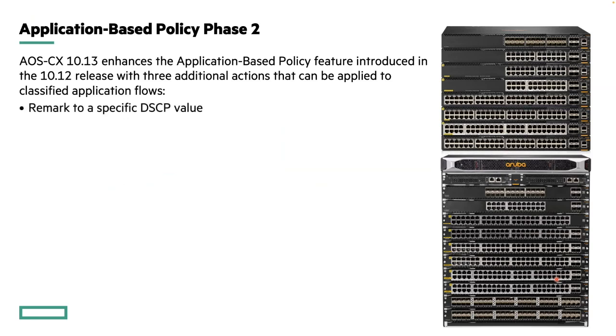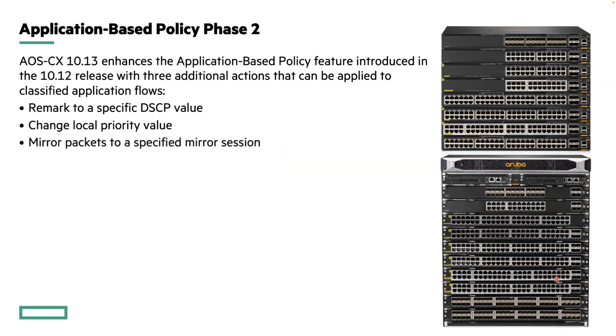The first is you can remark app flow packets to a specific DiffServ code point value. You can change the local priority value for those packets if you're using layer 2 QoS. And you can mirror those packets to a specified mirror session.